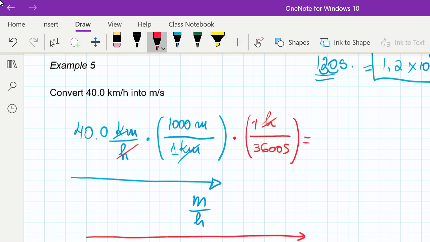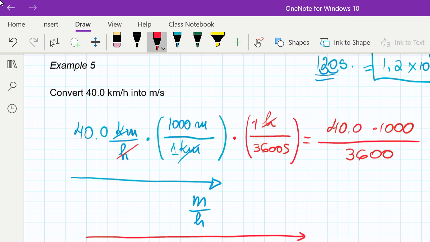So then you multiply whatever is on the numerator. So this will be 40.0 times 1,000 times 1, which you don't have to write, divided by 3,600. And the units are meters per second.